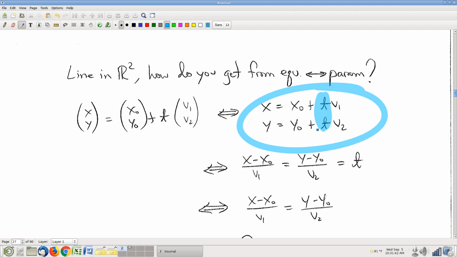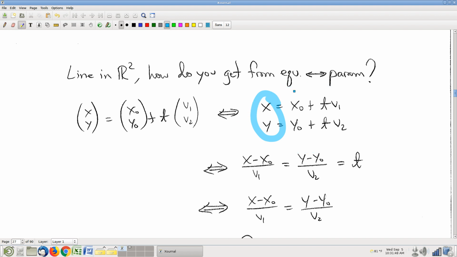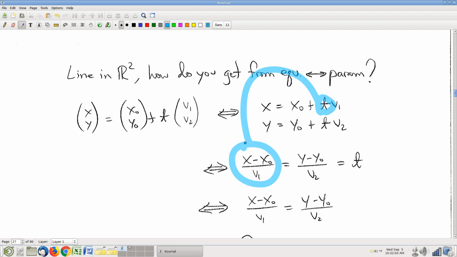If a point x comma y is on the line, the x and the y have to be generated by the same value of t. This value of t, which is easy to solve for, and this value of t, which is easy to solve for, they have to be the same.